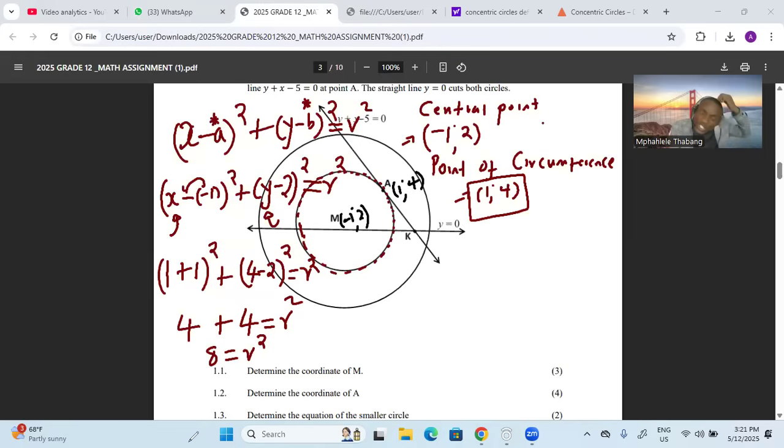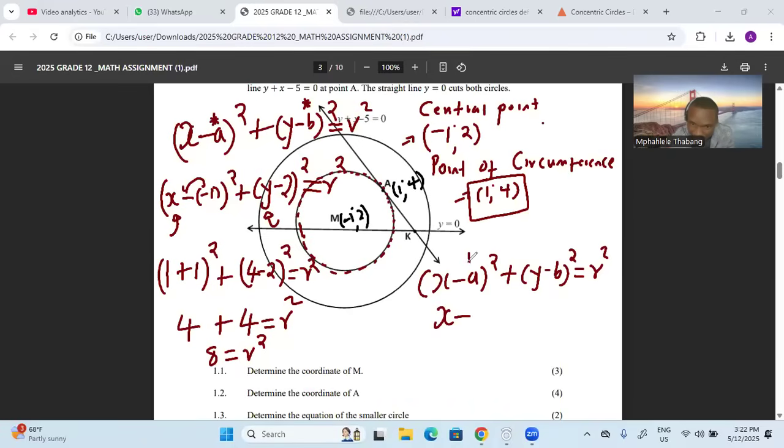Now I can give you the equation of a circle. I will come back to this formula, (x minus a) squared plus (y minus b) squared equals to r squared. Now I will say x minus, what is a? It's a -1.